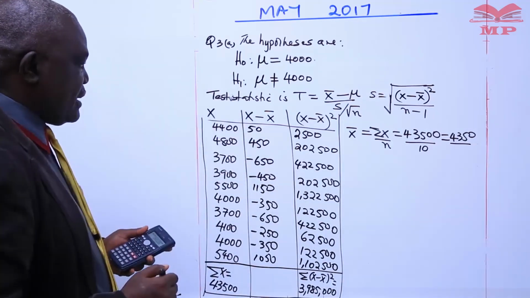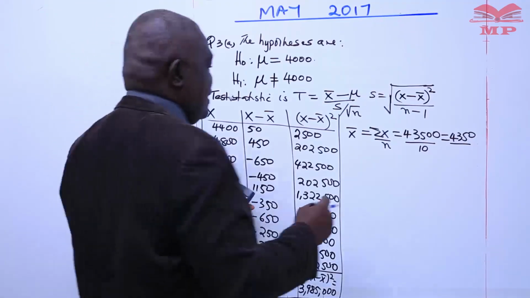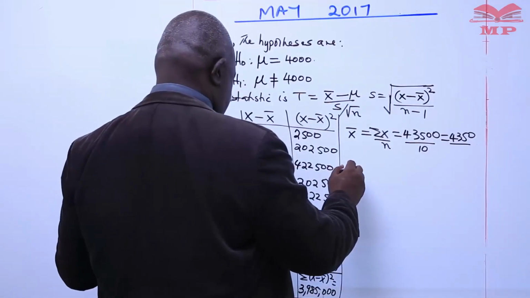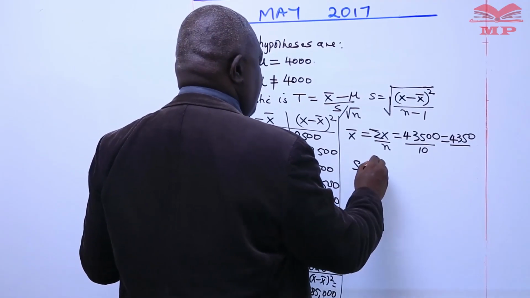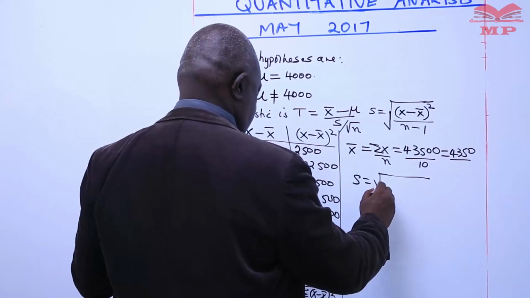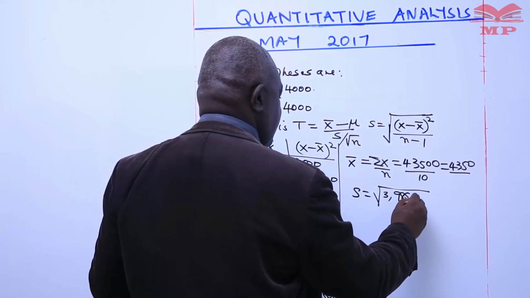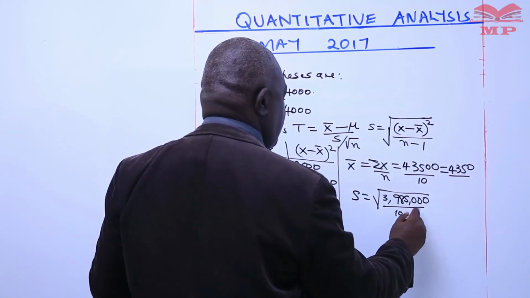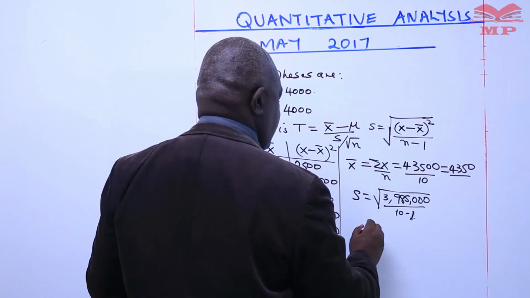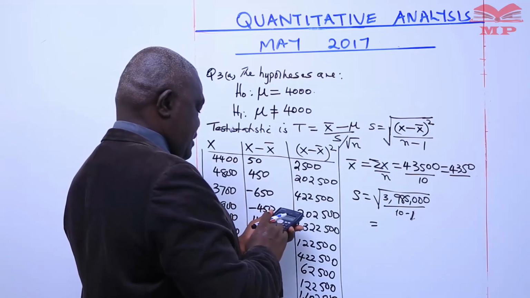So what do I get here? S is going to be the root of 3,985,000 all over N minus 1, which is 10 minus 1, that is divided by 9.